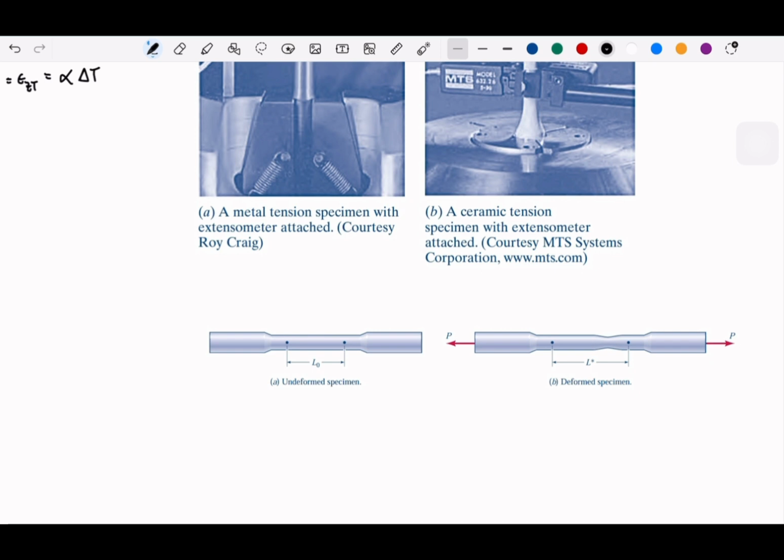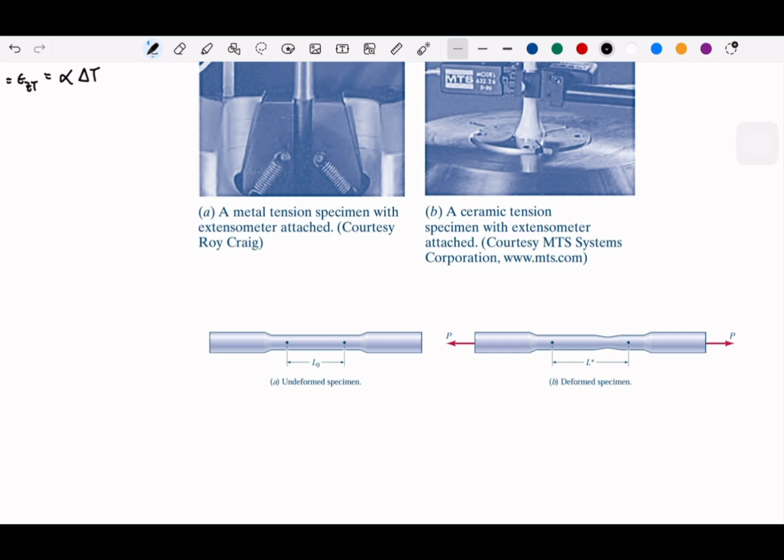This L0 will be our actual observation here. If this is going to change, we can only observe our original length L. And if the specimen deforms, we have a new length, L asterisk, and there will be some change of shape in the specimen if we put some load on it.